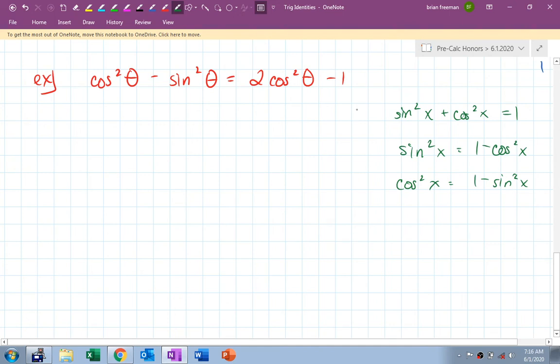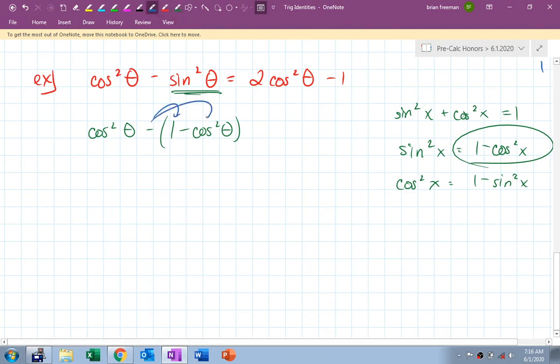But if I do this and I look at the sine and I replace it with that, with the 1 minus cosine squared, so I get cosine squared theta minus, and now I'm going to do 1 minus cosine squared theta. Go through, distribute that negative sign.